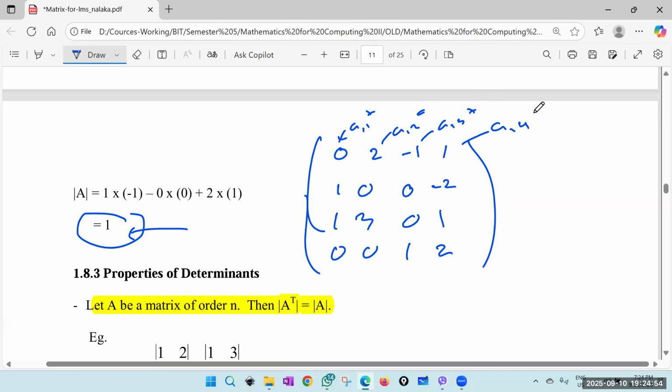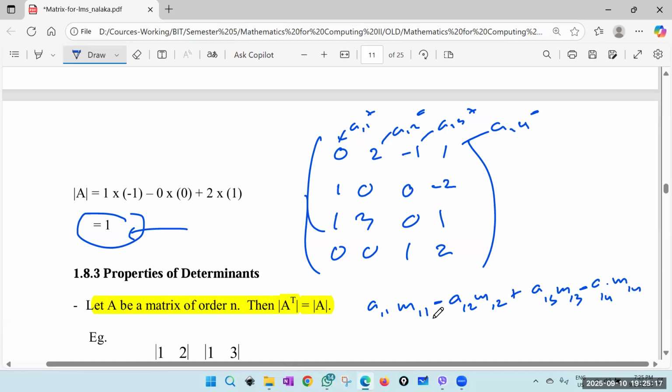This is 4 plus 1, 5. So therefore, A11 into M11 minus A12 into M12 plus A13 into M13 minus A14 into M14.